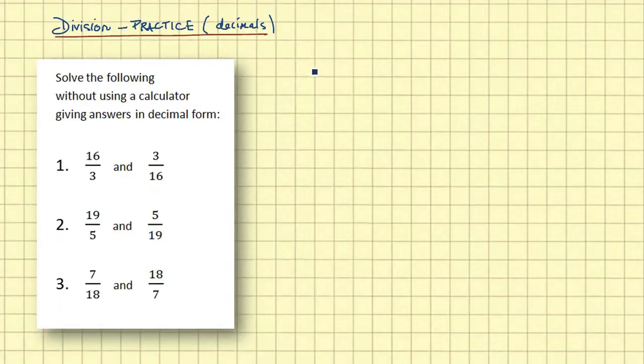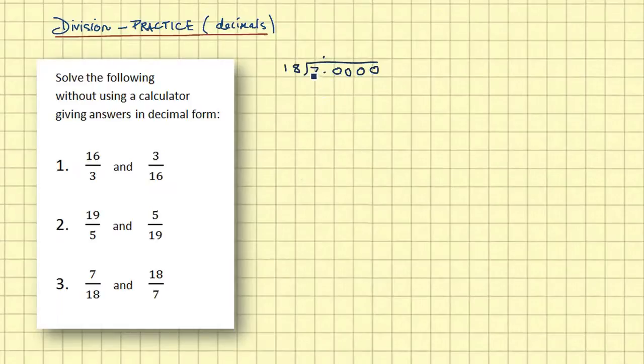So we've got 7 as our dividend and our divisor is 18. We're going to put plenty of zeros here, because as we've seen before, these can get rather involved. All right, we're clear where our decimal point is. We're ready to give this a go.